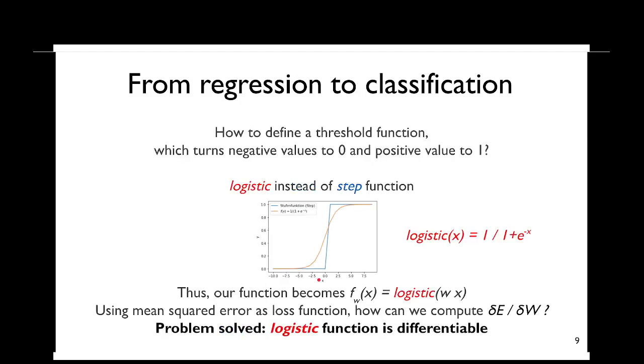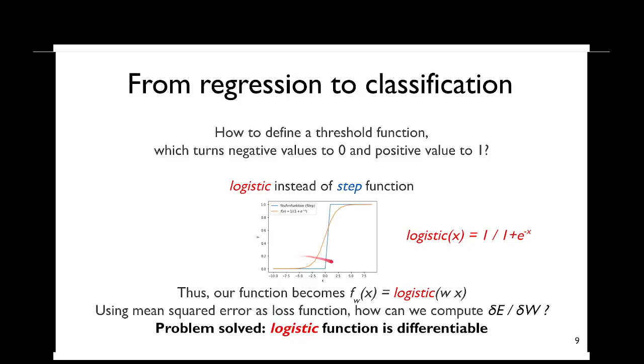Instead, we can take a continuous approximation of the step function, namely the logistic function. It has the property that for large negative values it is 0, and for large positive values it's 1, and in between we have this smooth approximation to the step function.